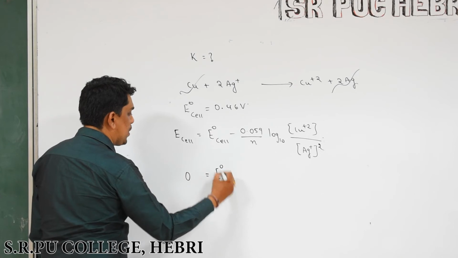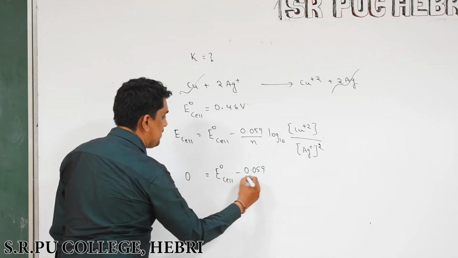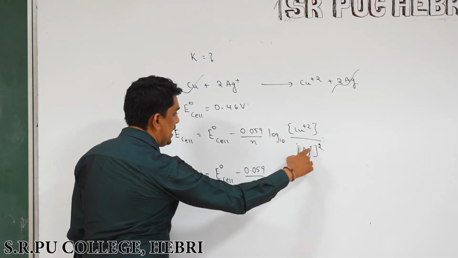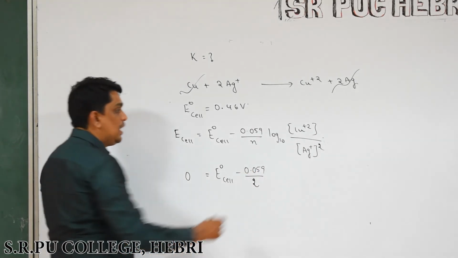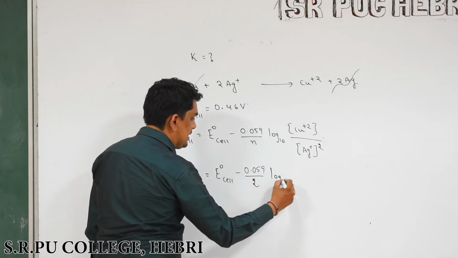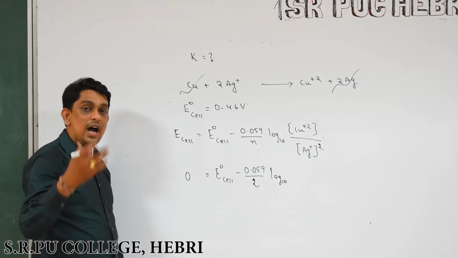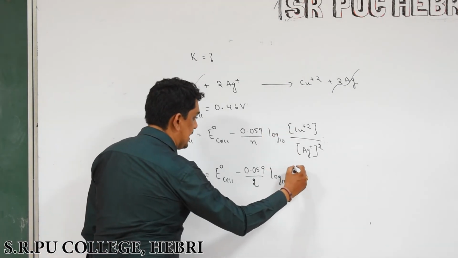It is equal to E naught of the cell minus 0.059 divided by n. Look at the numerator, plus 2, denominator, plus 2, so the value of n must be 2. Log to the base 10, equilibrium condition, no reaction happening, the ion concentration ratio remains constant.